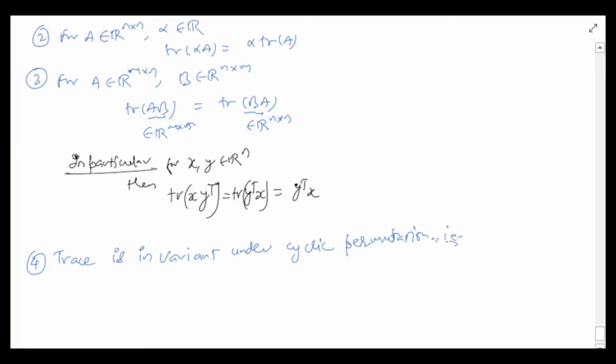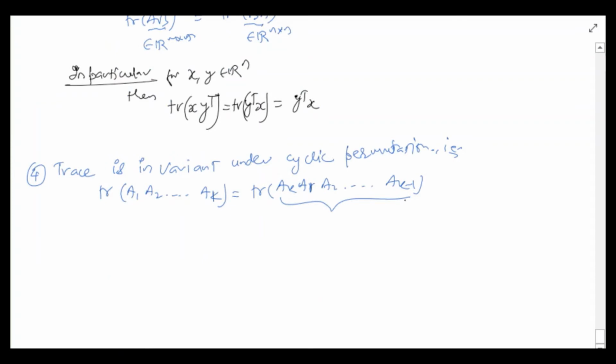It means that if we consider k matrices A1, A2, dot dot dot, Ak such that they can be multiplied, then trace of their multiplication will be trace of Ak, A1, A2, dot dot dot, A(k minus 1).